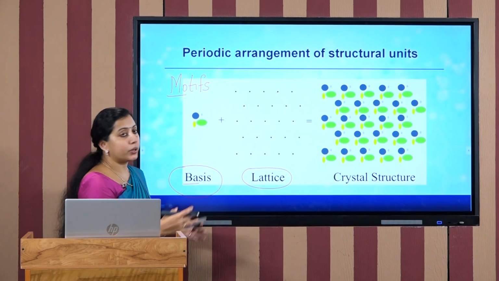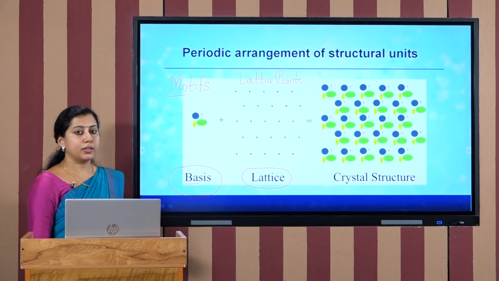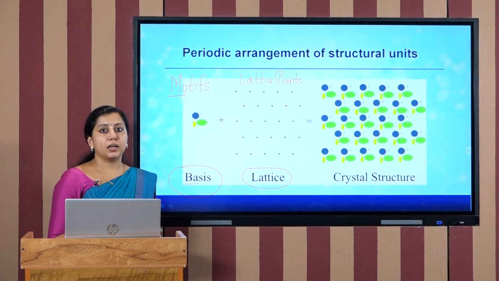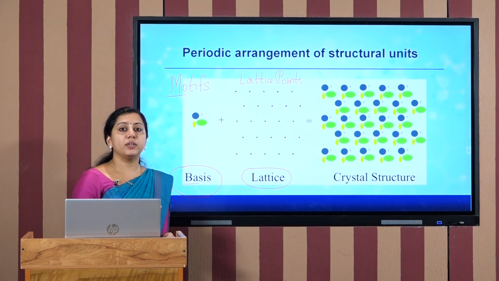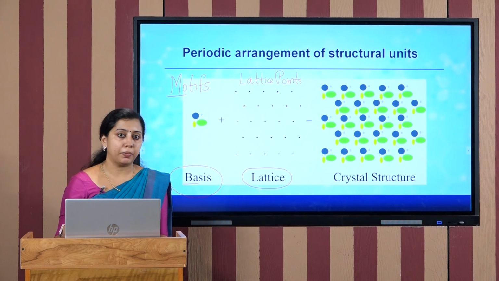So, these points can be called as lattice points. Lattice points are the points which are arranged in a particular geometrical pattern.